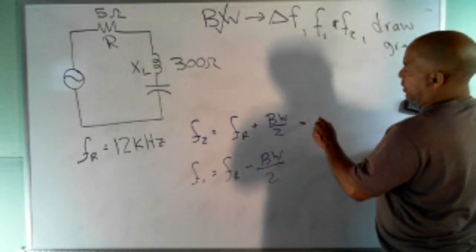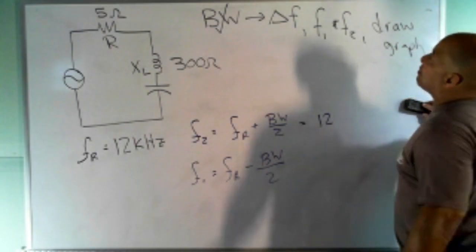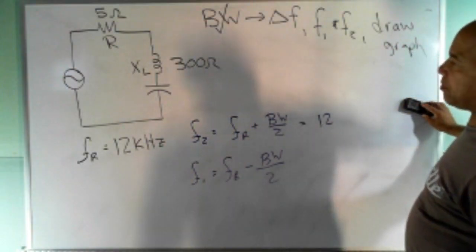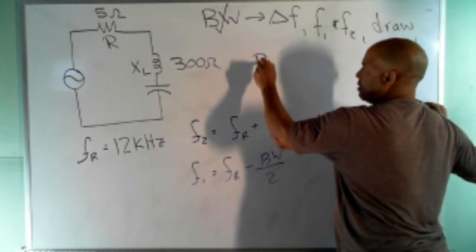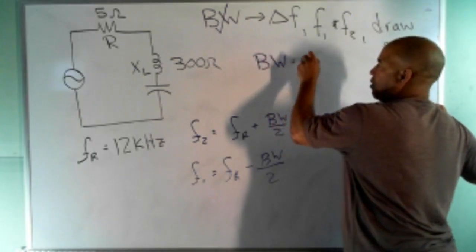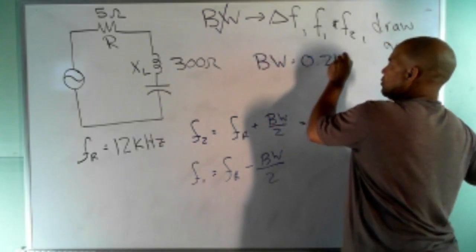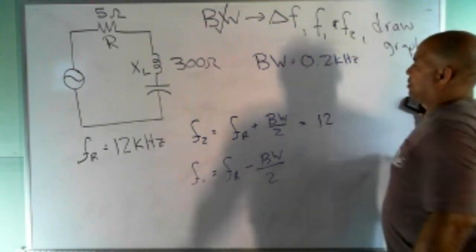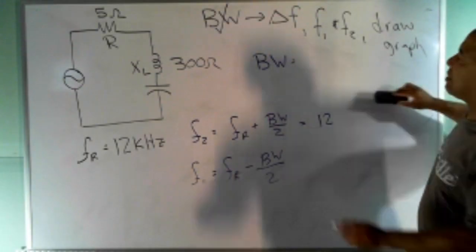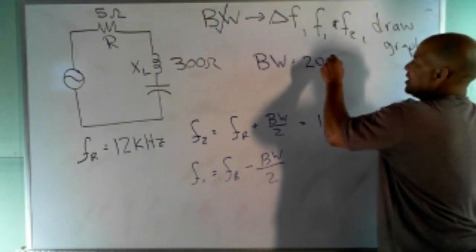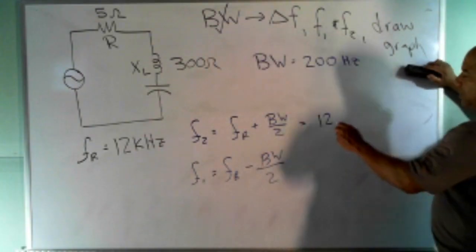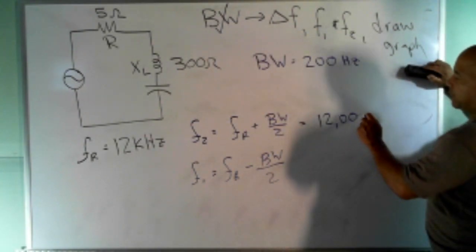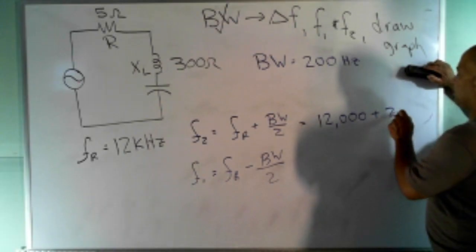This is going to be 12, well, what was it? What was my bandwidth? Was 200? I guess I can write it as 0.2 kilohertz. I don't want to do it that way. I'm going to do 200. This seems tinier when you write it as a decimal like that. So this is going to be 12,000 plus 200 over 2.